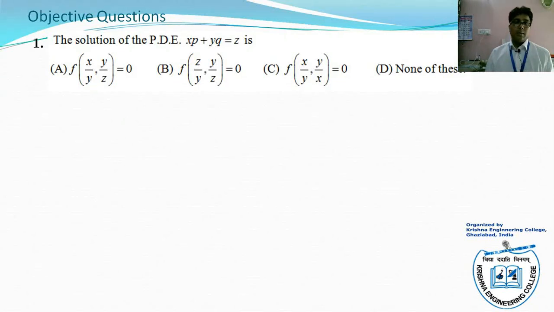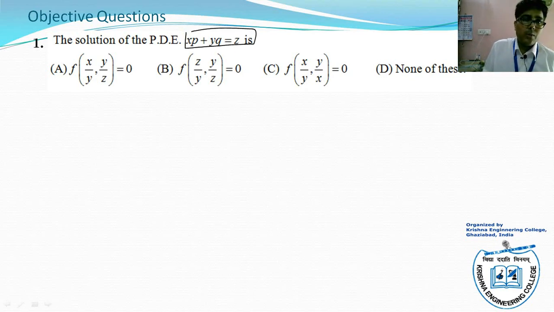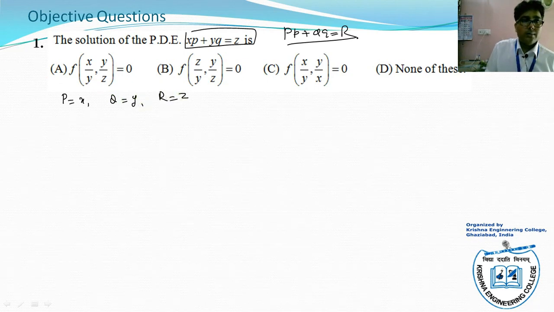Next, solve the differential equation. This is a linear differential equation. Clear? Comparing with the equation, we get capital P is equal to x, capital Q is equal to y, and capital R is equal to z.